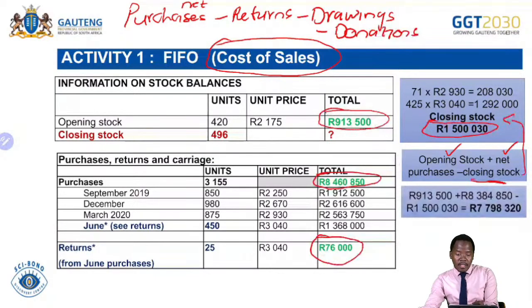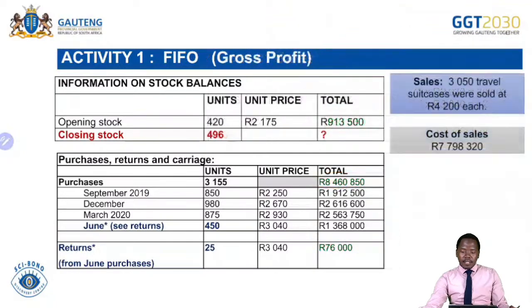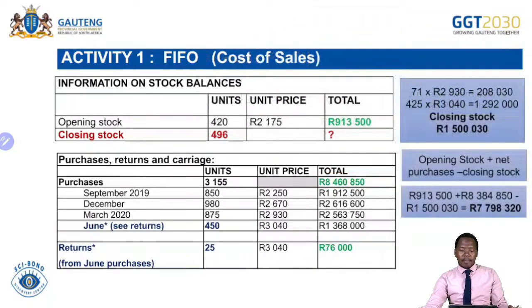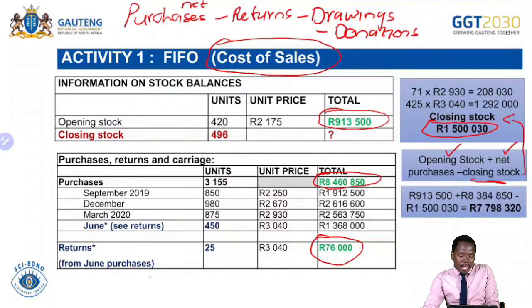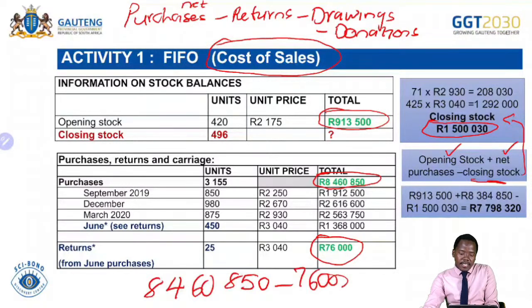It is coming from 8,468,850 minus 76,000. Then I will have my net purchases of 8,384,850. That is for my net purchases.